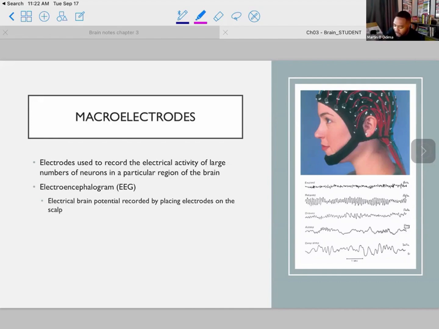You can see here the different electrical activity patterns that can be seen. They're used to record the electrical activity of a large number of neurons, particularly in certain regions of the brain. The electrical brain potential is recorded by placing those electrodes on the skull.